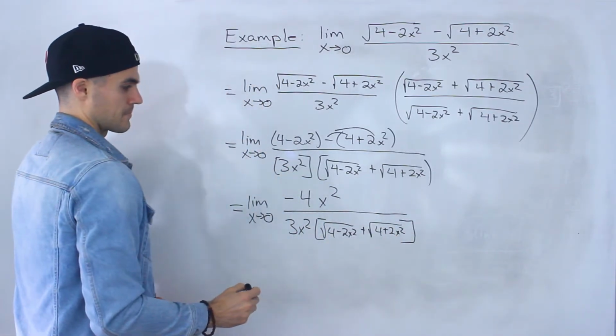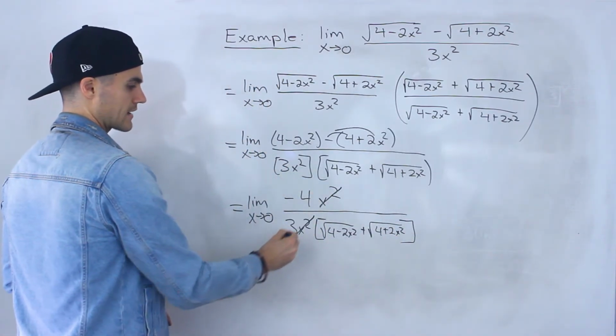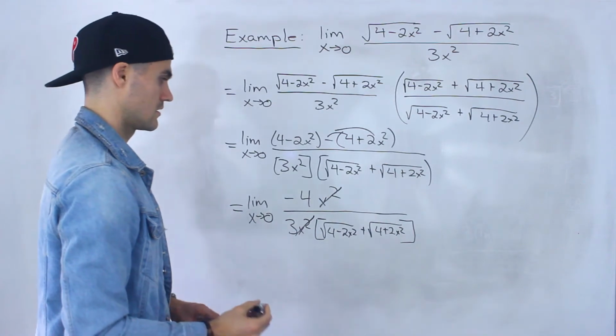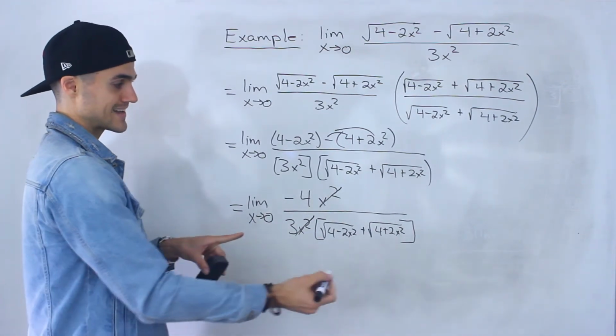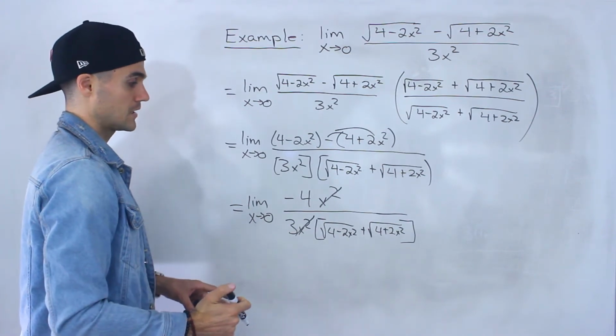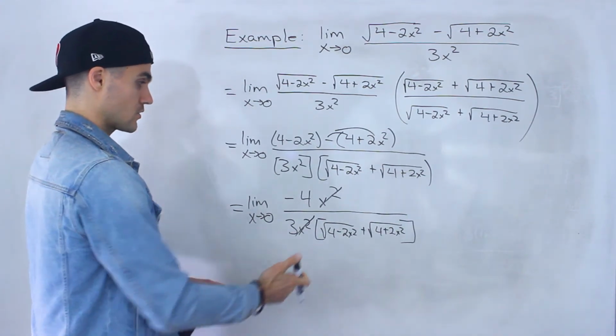And now notice the x squareds cancel out. Now we can do a direct substitution of 0 for x, because that denominator is not going to be 0 anymore.